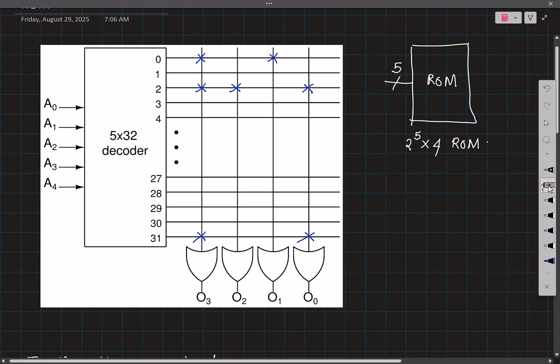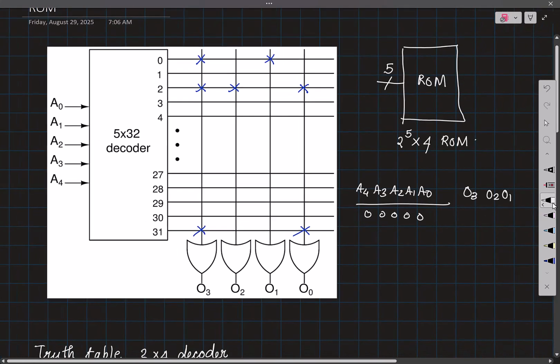And for now, you can assume that for all of these portions, there are no crosses at all. Now, can you tell me the output when A4, A3, A2, A1, A0, let's assume that this is 0? Can you tell me what is the output for O3, O2, O1, O0?